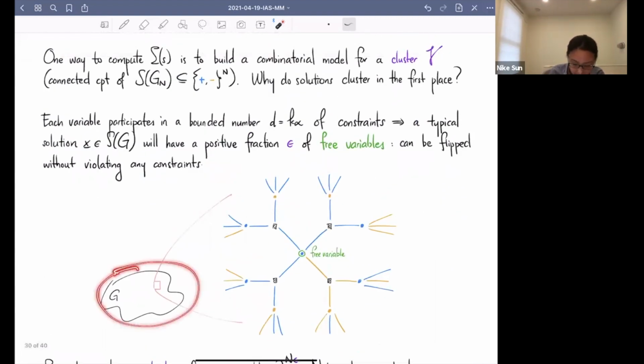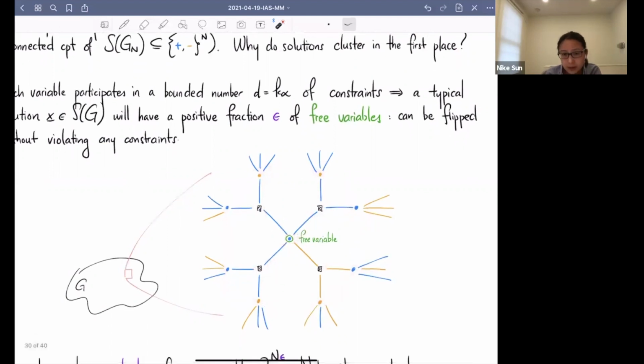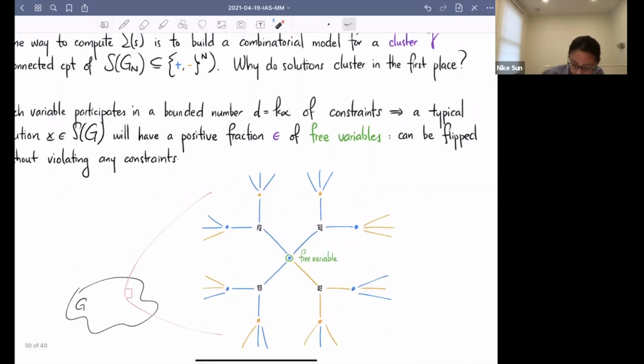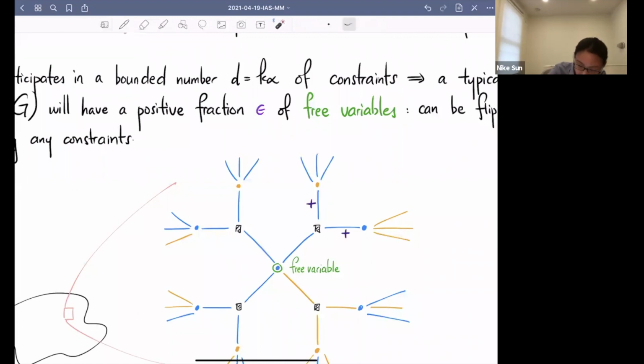So this is the instance G, and zoom in around a variable and say that this is the configuration on it. So this is a variable, these are the clauses that are around it, and then these are the variables that are around those. So the way that I wrote things, each of these clauses, because of the settings here, so for example, this clause, it's plus on here and plus on this edge, and this variable is set to minus and this variable is set to plus.